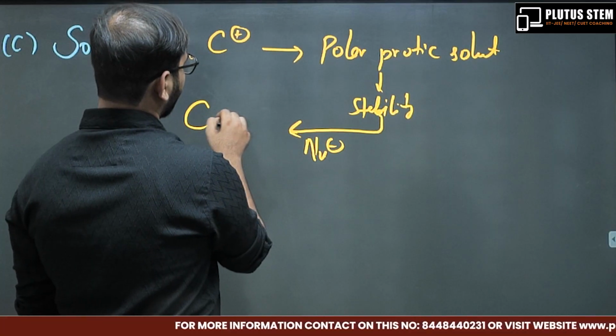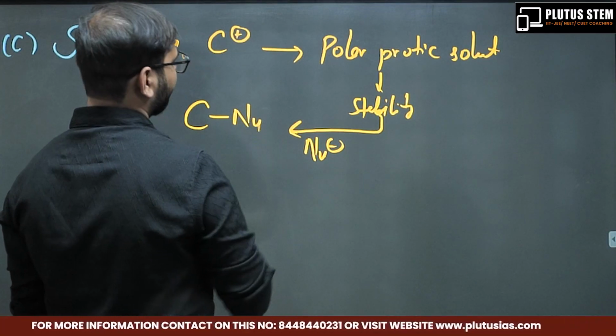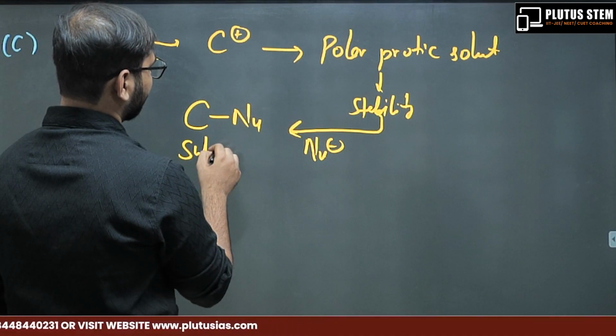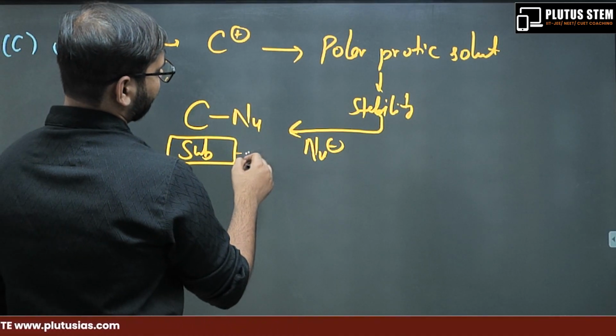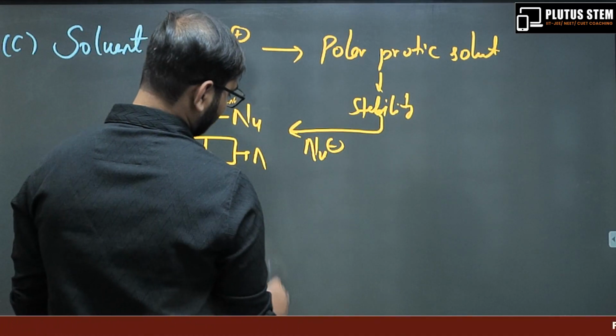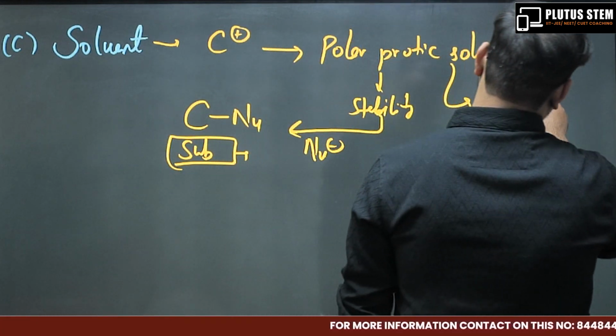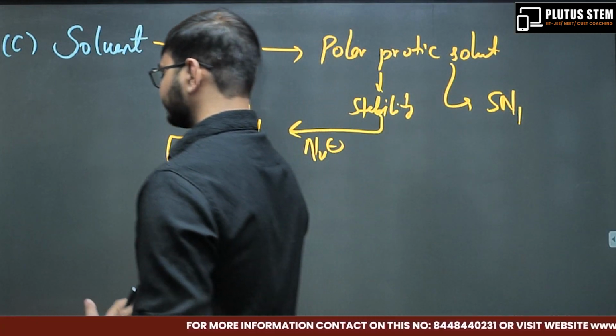When it does, the nucleophile will attack the carbocation and you will get substitution as the major product. So in polar protic solvents, the SN1 reaction is preferred.